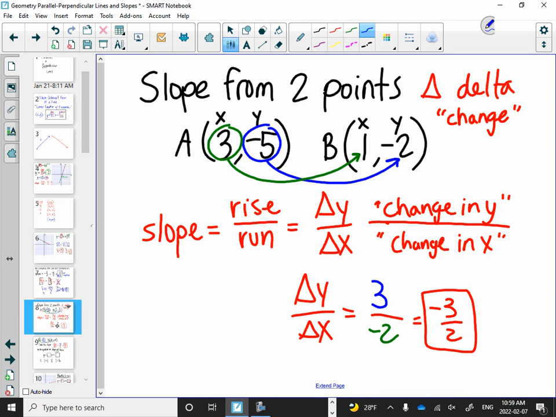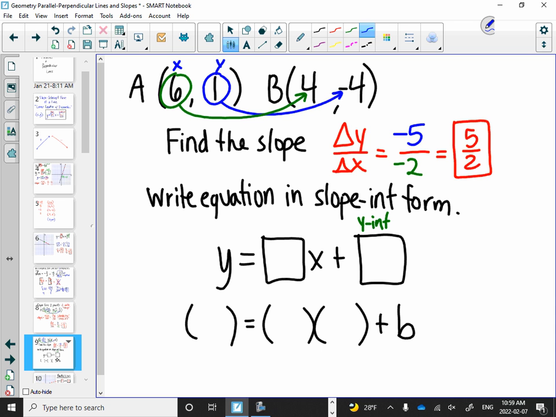Okay? All review stuff. Then we learned that if you can find the slope and you want to try and find slope-intercept form, which is y equals mx plus b, well, you can find the slope like we just did. From 1 to -4 is a change of -5, and from 6 to 4 is a change of down 2, and that means that our slope is 5 over 2. And then in order to find the y-intercept, what did we do? Plug it in, okay? Does it matter which one we plug in? No, okay?